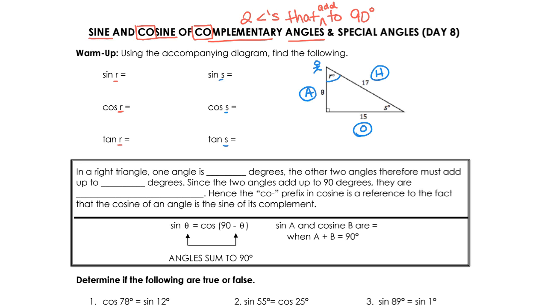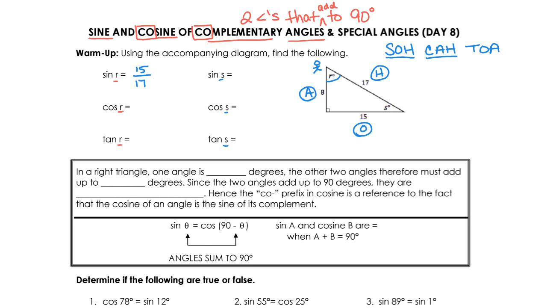Okay? We'll write down SOHCAHTOA, some old horse caught another horse, taking oats away. Okay? And first one up is sine. So sine of angle R, and sine uses your opposite over your hypotenuse. So sine of R would be your opposite, which is 15, over your hypotenuse, which is 17.